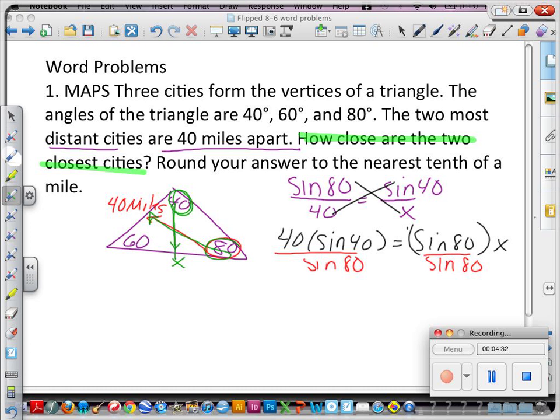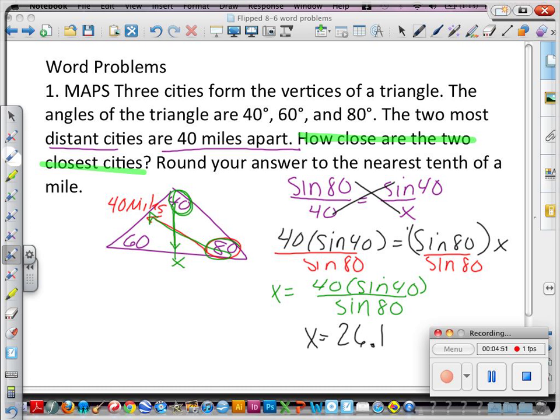So now x equals 40 times sine 40 divided by sine 80. Go ahead and punch that in your calculator, people. I'm getting 26.1, approximately.